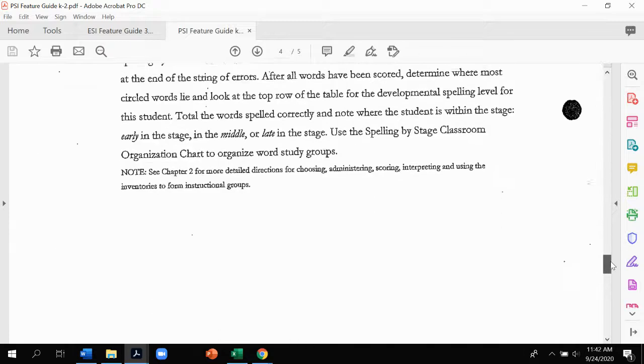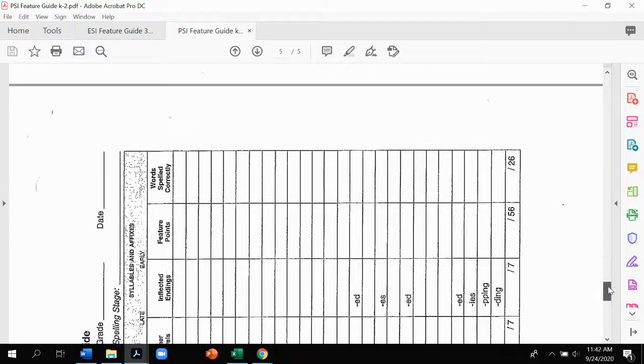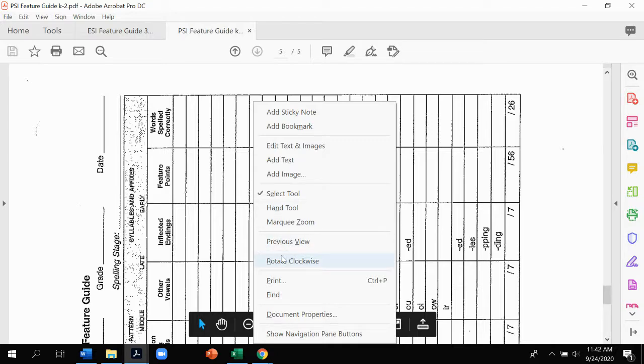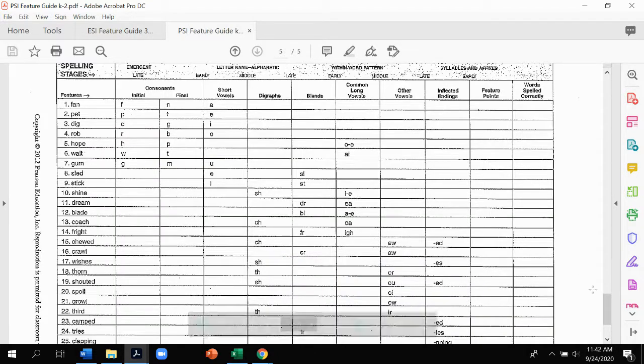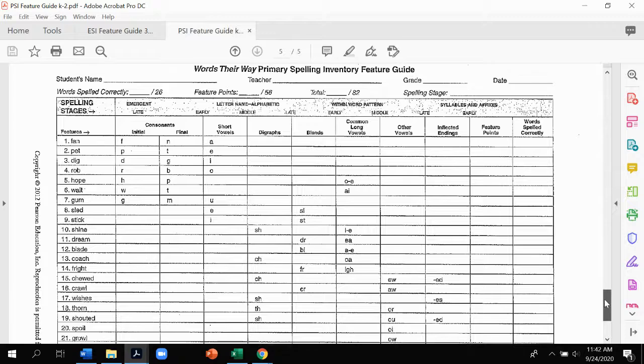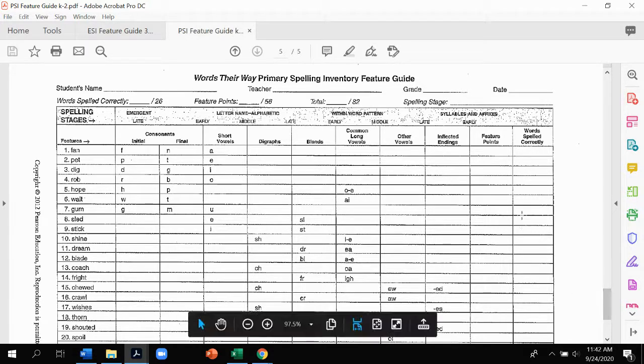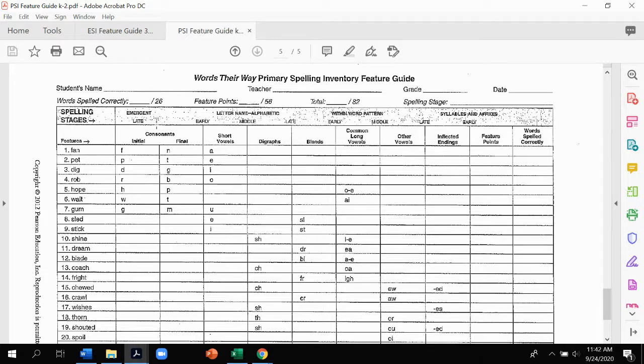I'm going to scroll all the way down here and let me flip it. This is where we do our analyzing, the analysis of the student's spelling abilities. You'll recognize from your homework and lots of notes that we've taken about spelling stages that we know emergent is pretty early spelling.